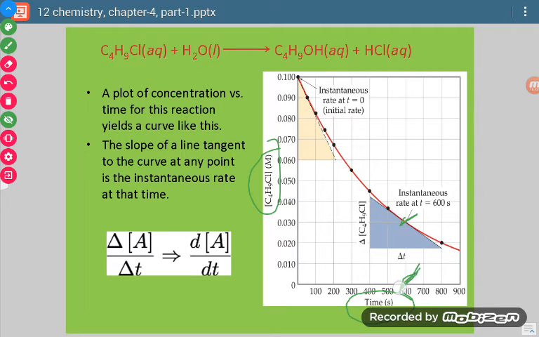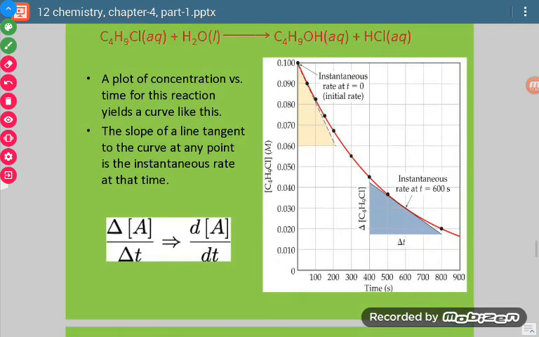At this particular point we have drawn a tangent, and we can see from the graph the value of this and the value of this. This way we can find the instantaneous rate. So this is how we can graphically determine the rate of a reaction.